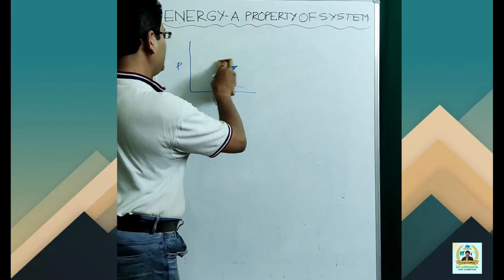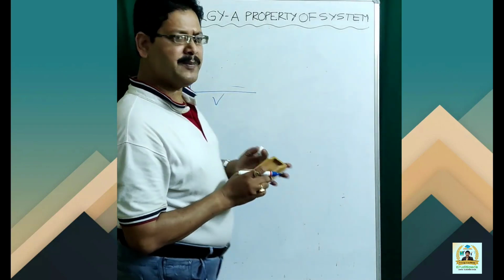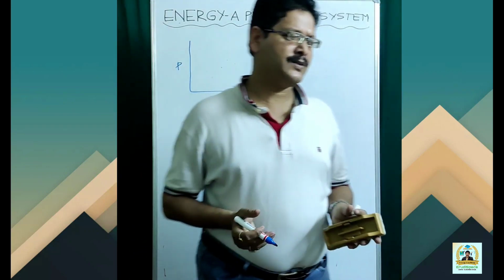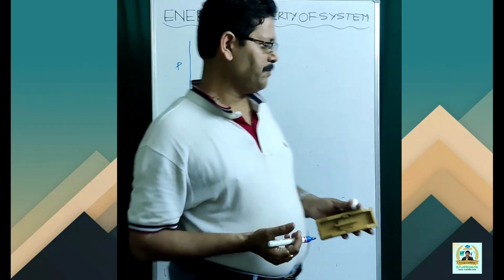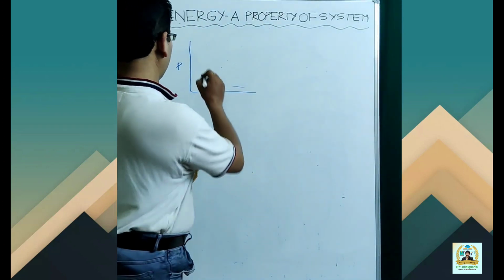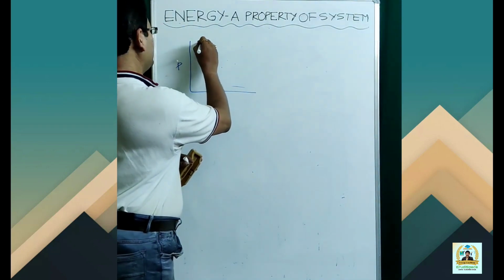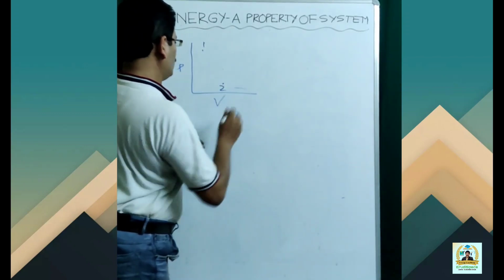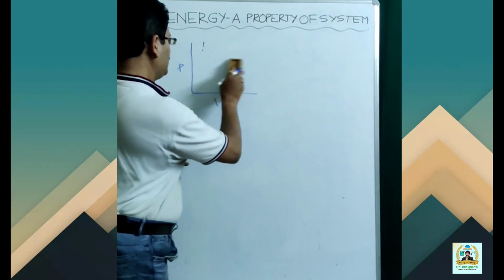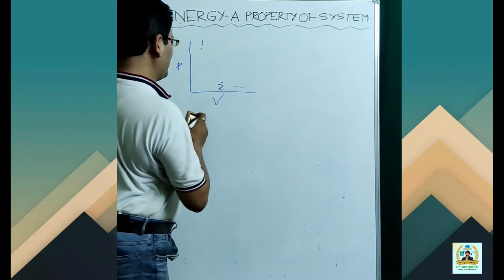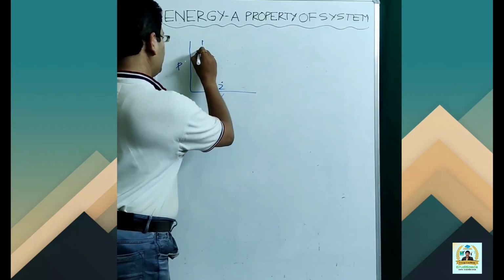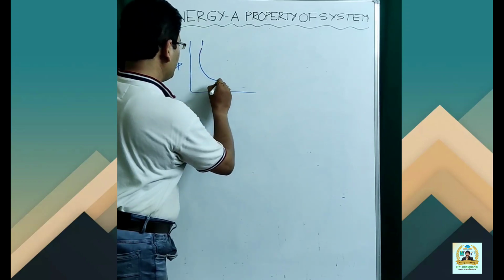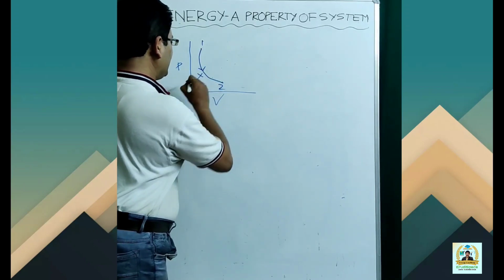So for that, let us take a specific example that would help us in proving that energy is a property of the system. Let us consider a state 1 and a state 2. Suppose it is following a particular path represented by 1x2.